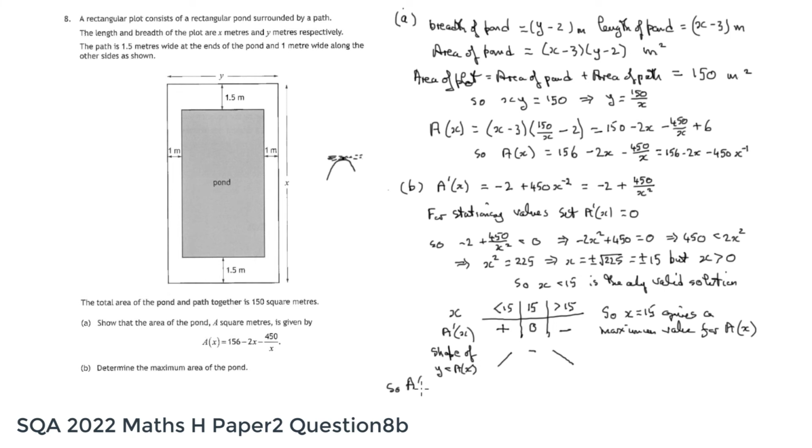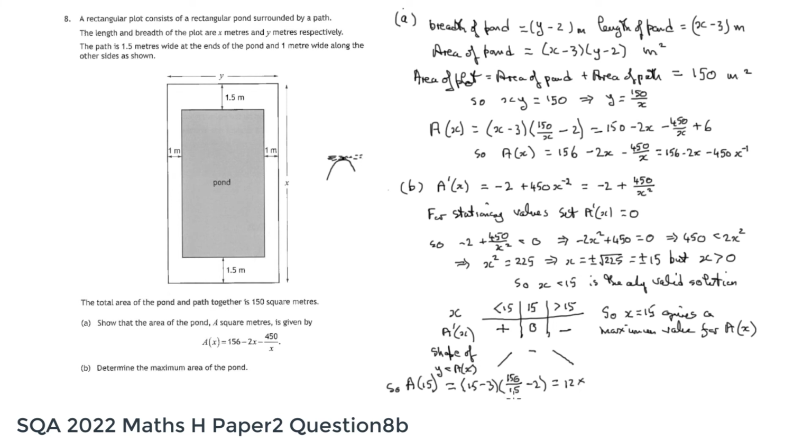So let's now put 15 into the formula for a, and I'm going to use the factorised version up here. It's easier to calculate. X minus 3, so that's 15 minus 3. In the second bracket, 150 divided by x, so it's 150 divided by 15, and we subtract 2 from that. So the first bracket gives me 12.